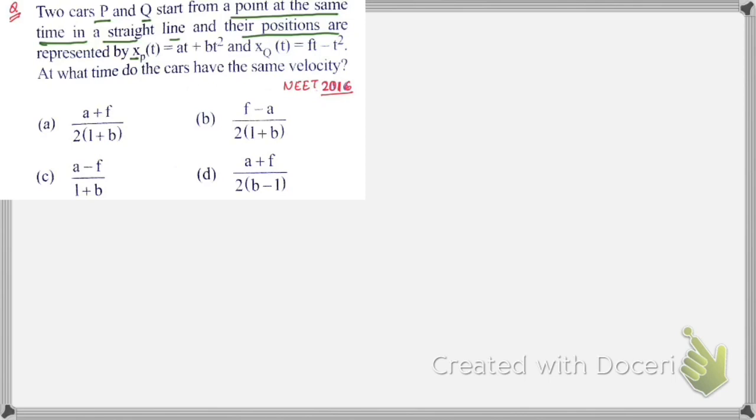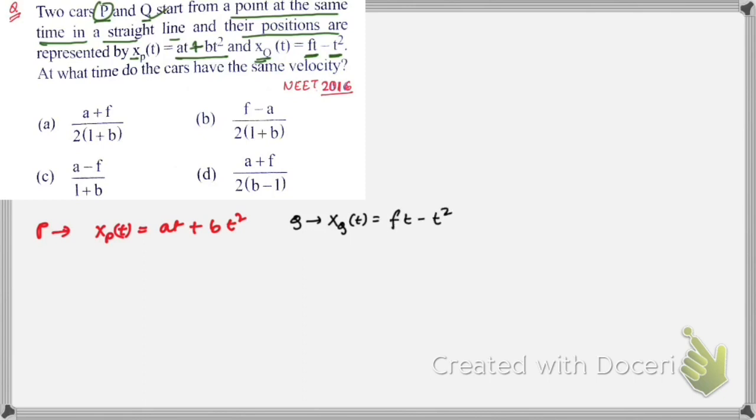The position of car P is xp as a function of t, which is equal to at plus bt square, and the position of car Q, that is xq, as a function of t, is equal to ft minus t square. Here a, b, f are constants.